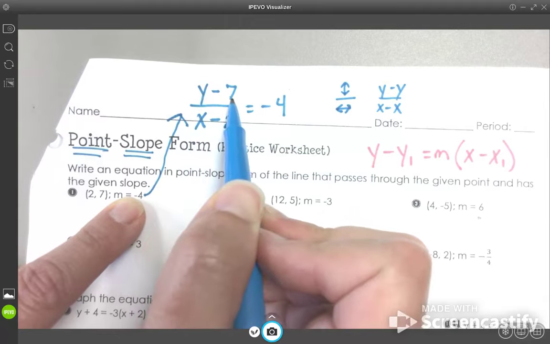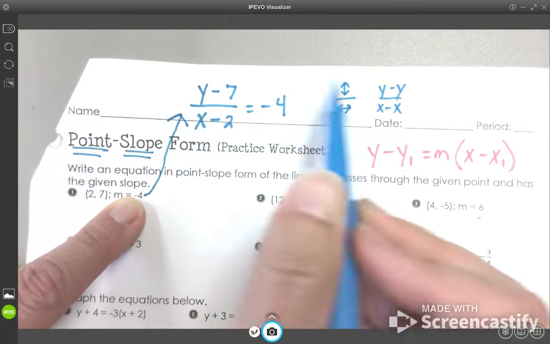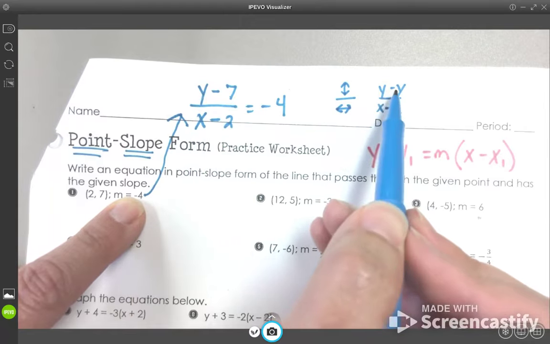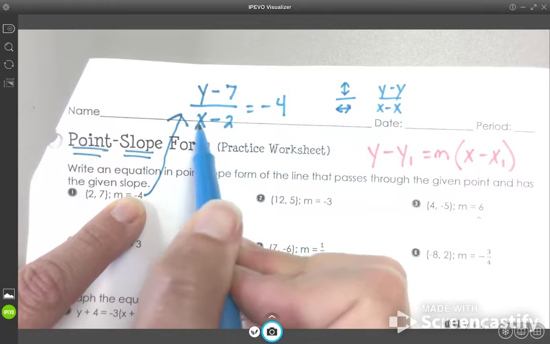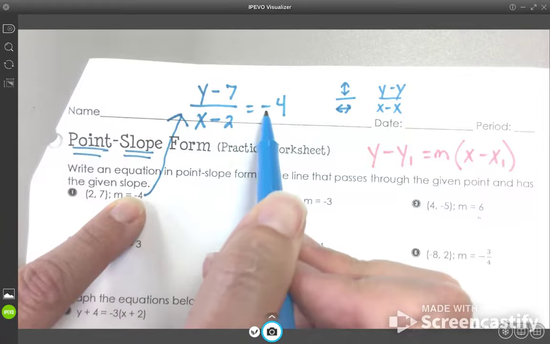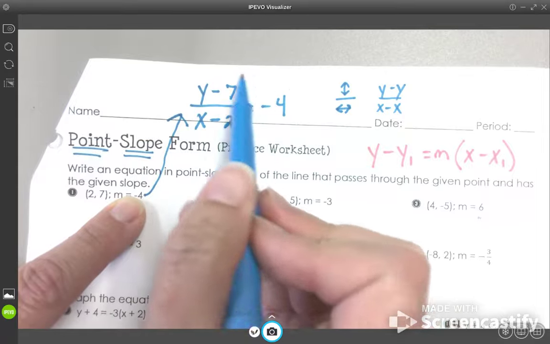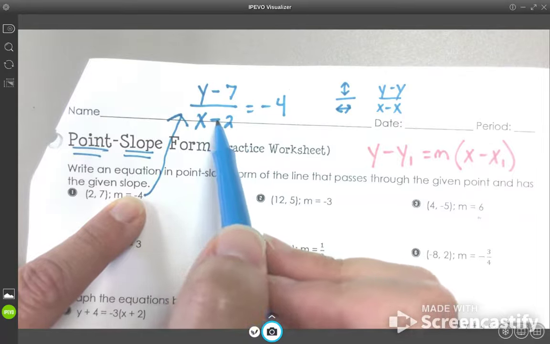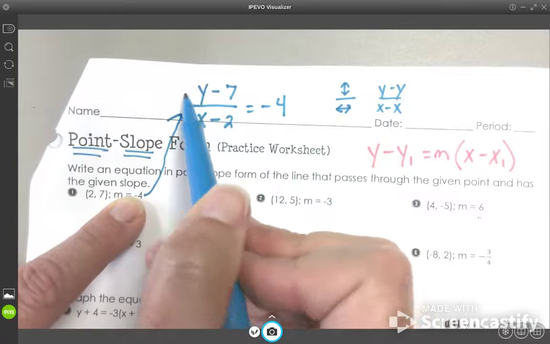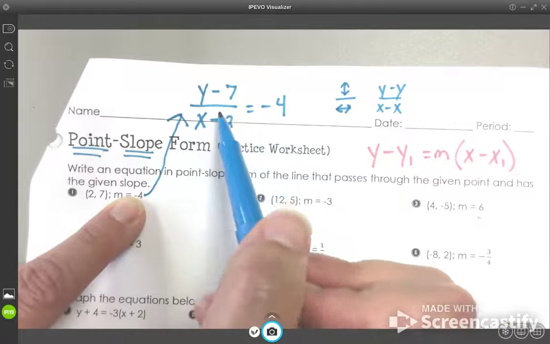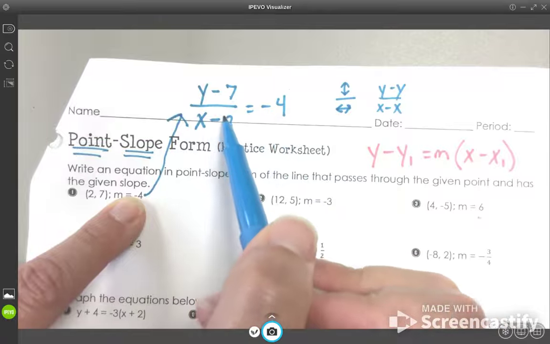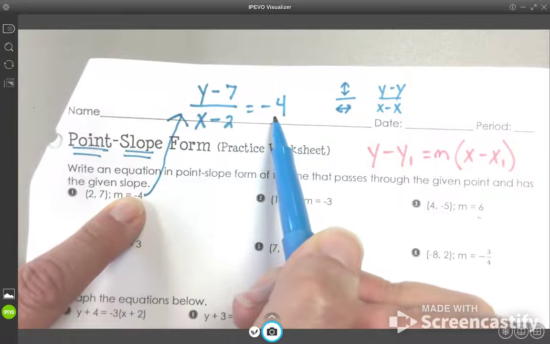Y minus a y coordinate, this is just showing that vertical change, that change in y. X minus the x coordinate is showing that horizontal change. So really what this equation says, if you asked any math teacher, this is slope equaling slope. Like if I called it a formula, this is the slope formula equaling the slope answer.